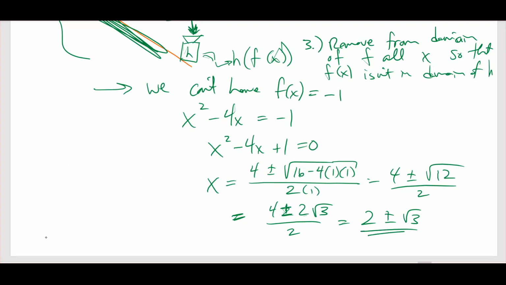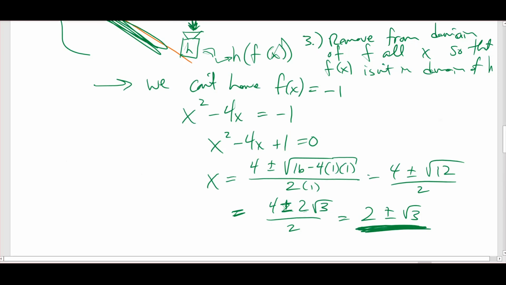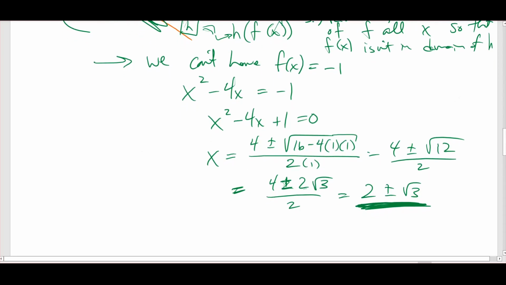Okay, so these values we cannot have in our domain. So we're going to remove from the initial domain of f, which was all the real numbers, all the values so that the function value from f is not in the domain of h. So we just found those, right? We just found where the function value of f is not in the domain of h.